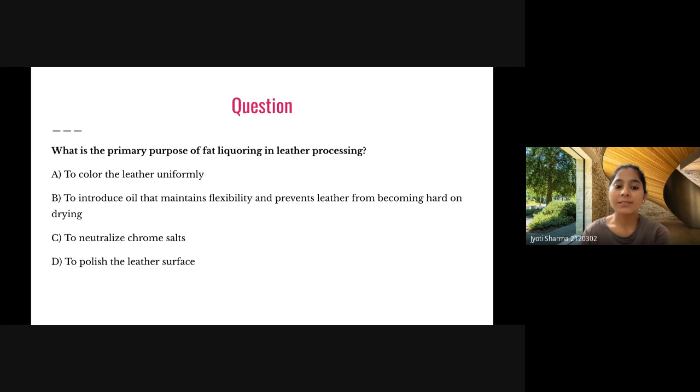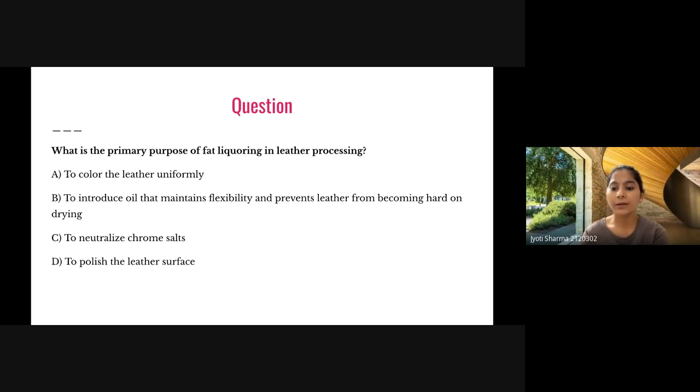Another process is fat liquoring. What is the primary purpose of this process in leather processing? To color the leather uniformly, to introduce oil that maintains flexibility and prevents leather from becoming hard on drying, to neutralize chrome salt, or to polish the leather surface.